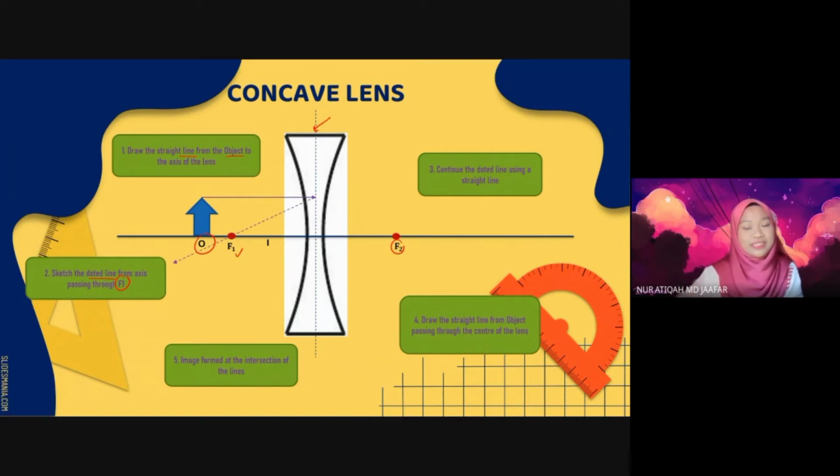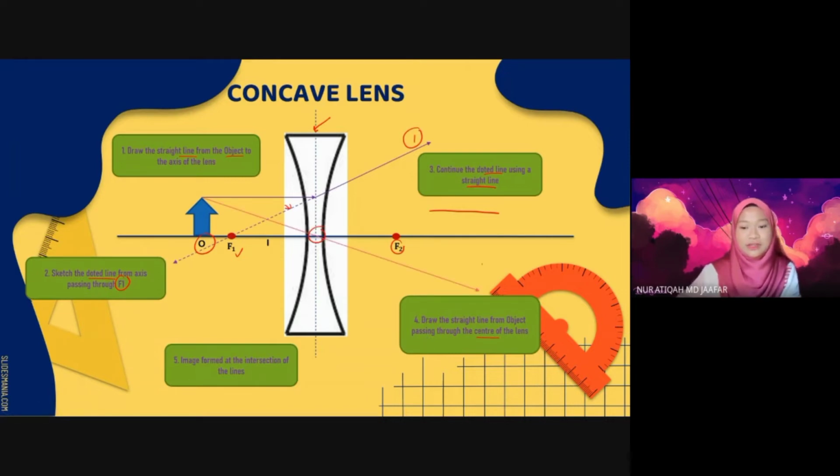And for the third step, continue the dotted line using a straight line. Like this. Now we already have the first line. For the fourth step, same as just now, draw a straight line from the object passing through the center of the lens.